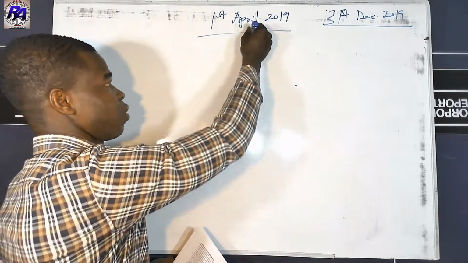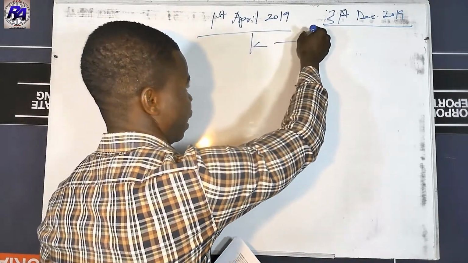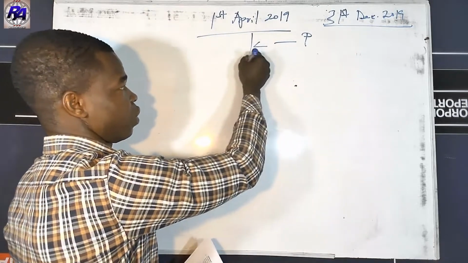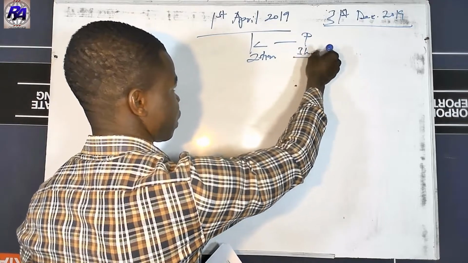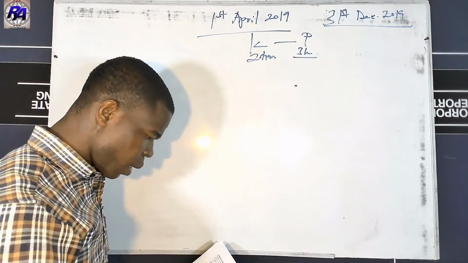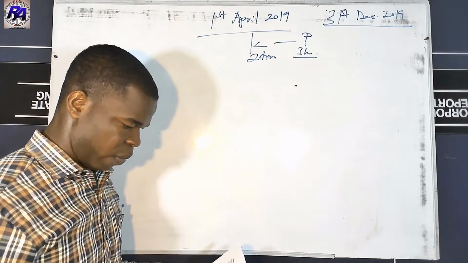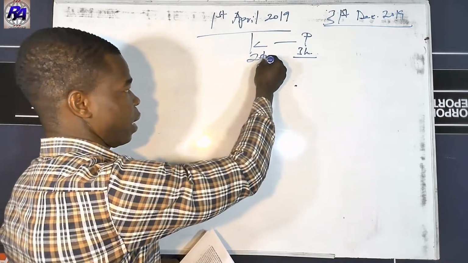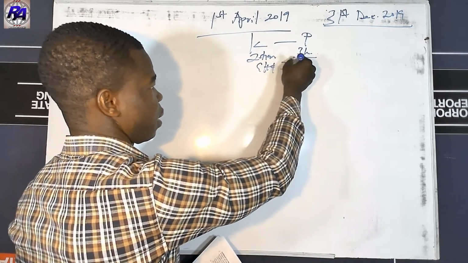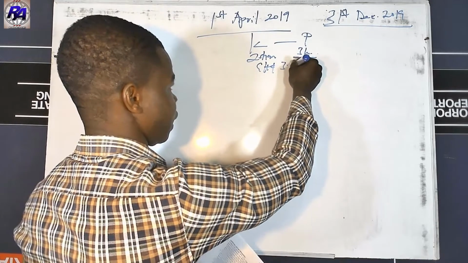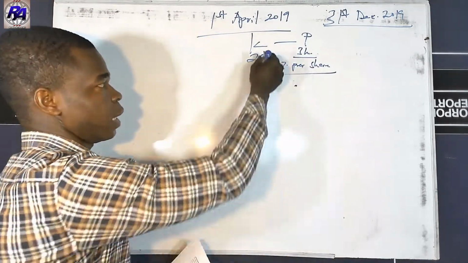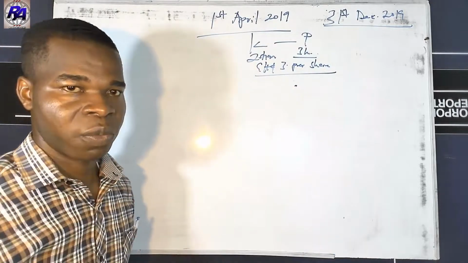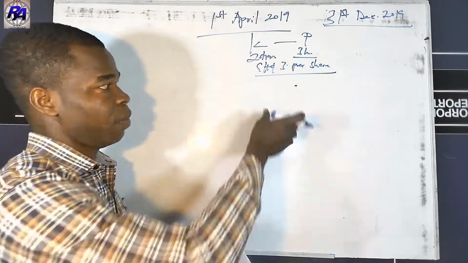So here Kingdom is the one acquiring Paradise, and they are saying that Kingdom is issuing 2 shares for every 3 shares in Paradise. The statement contains that the share price of Kingdom is 3. So the share price here is 3 cedis per share. That is the price of share for the parent. We are not given the subsidiary's share price, so we don't have any issue. Remember, it is the parent's share price that we use over here.